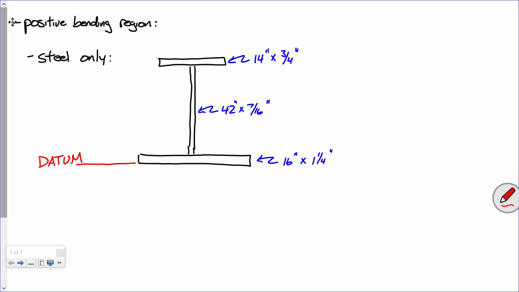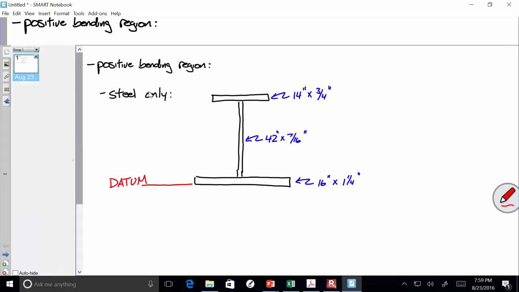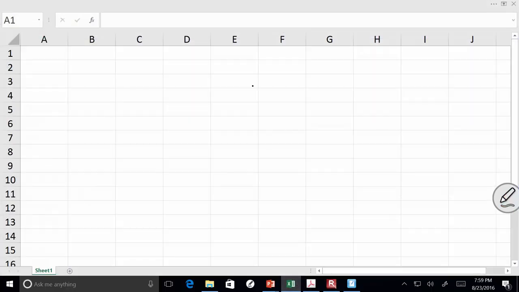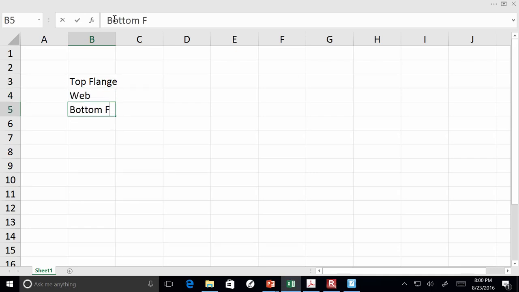All right, sound good? So, now, I increased the font in Excel, so hopefully you all can see what I'm about to do. All right, so let's go into Excel. Okay, so I'm going to enter in some dimensions. So we'll say top flange, web, and bottom flange.